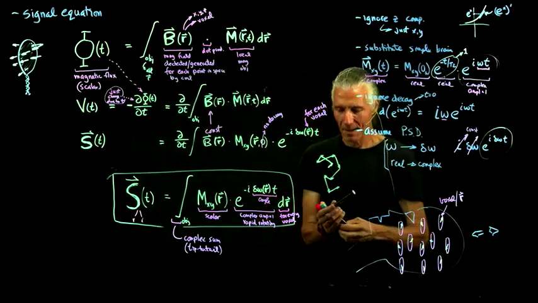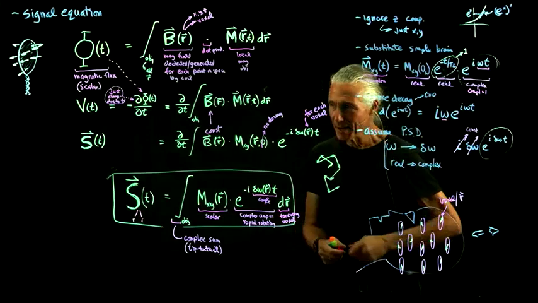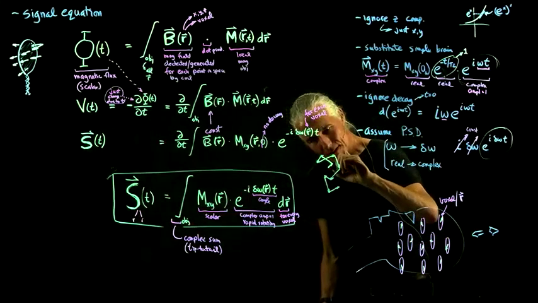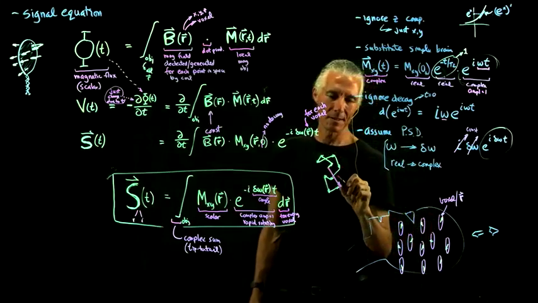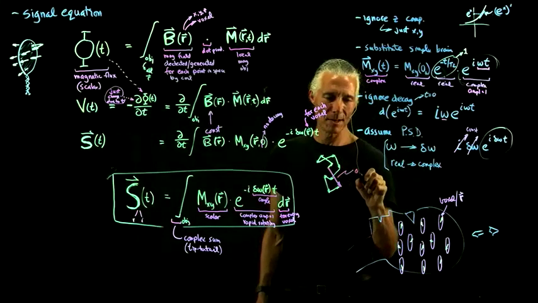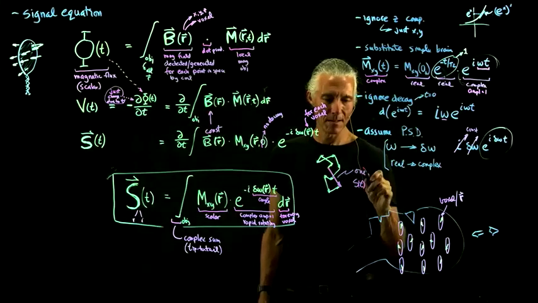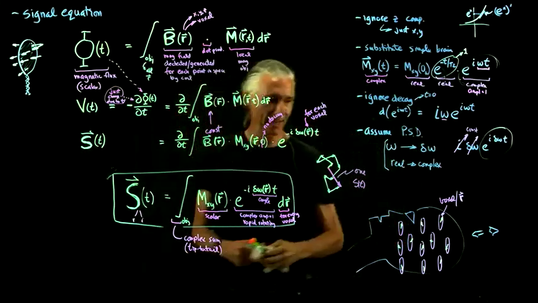And then you get one data point. So that's where you started. So here's one data point, this is the first one. So it's one complex data point.